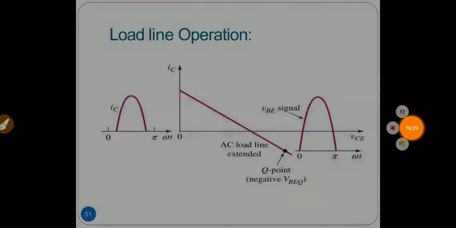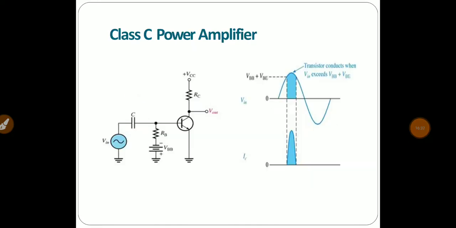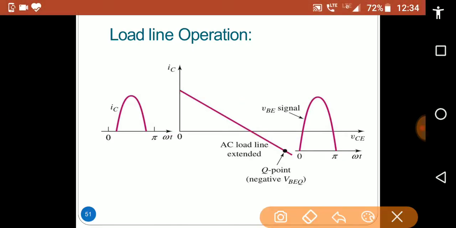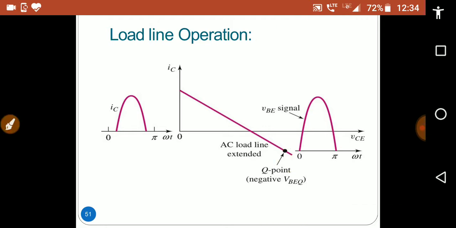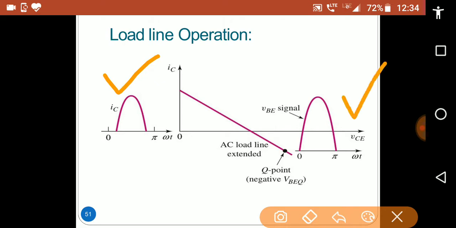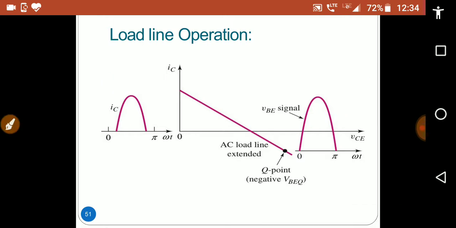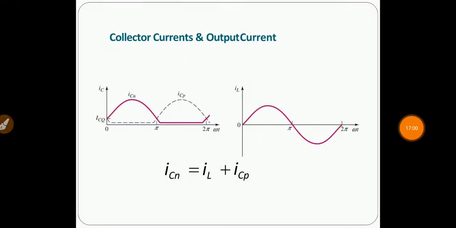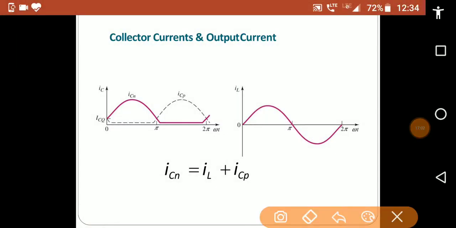So students, this is the load line operation of class C amplifier. Here the Q point is negative, and this is the input and this is the VCE. This is the collector current and output current of class C amplifier.